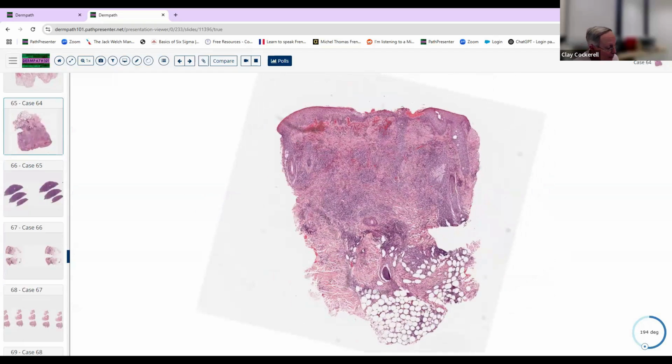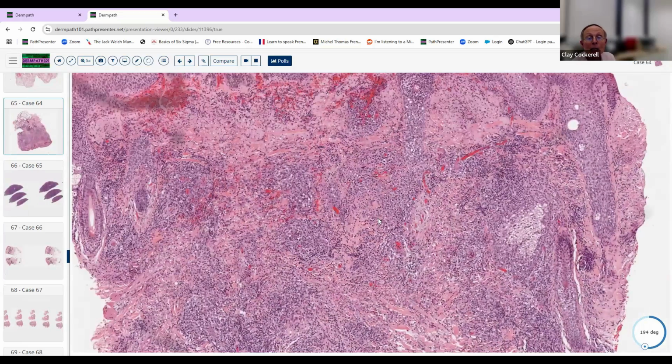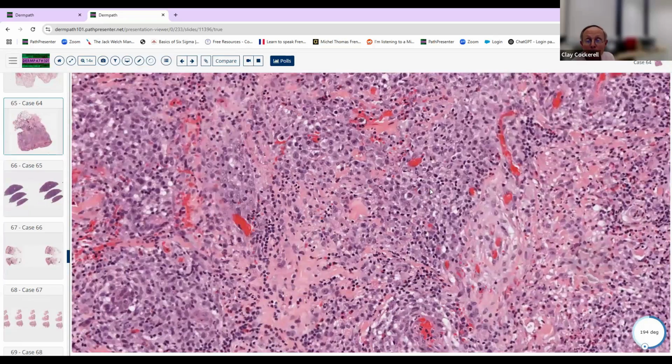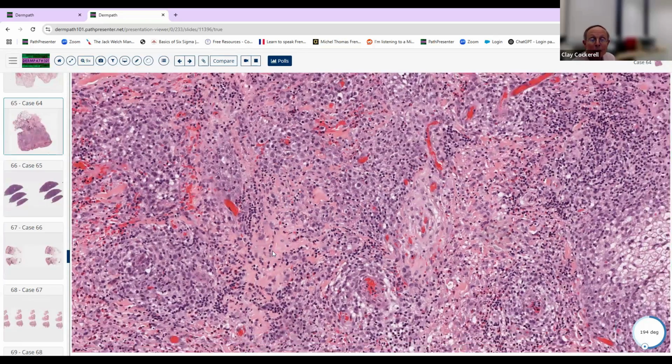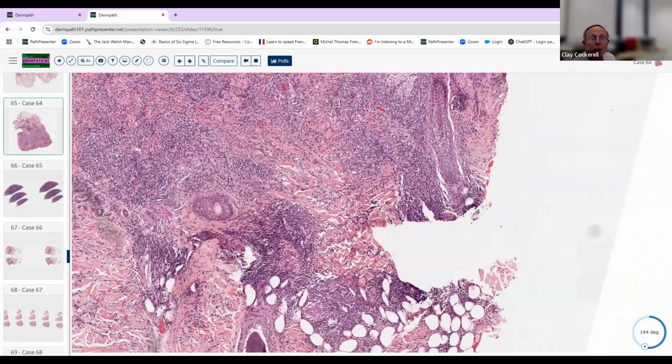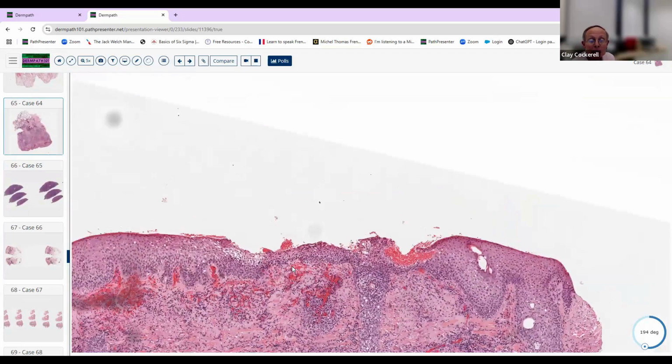All right, we've got another punch biopsy here. And we've got a superficial and deep infiltrate that's fairly diffuse. It's got some superficial involvement in the epidermis here. We start looking at higher magnification. These cells are very, very atypical. So we say, gosh, maybe this is some kind of a lymphoma. And it does have this area where it looks like there was some epidermal involvement.